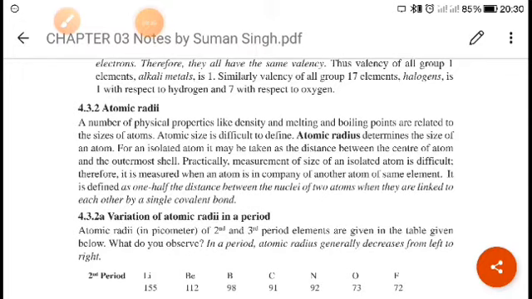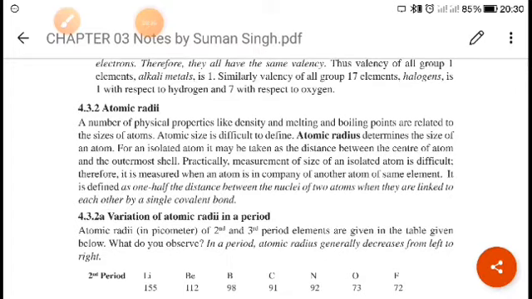Again, the boundary of the nucleus is also not well defined. So in this case we can define atomic radius, or the size of the atom, as the distance from the center of the nucleus to the outermost shell where the probability of finding an electron is maximum.